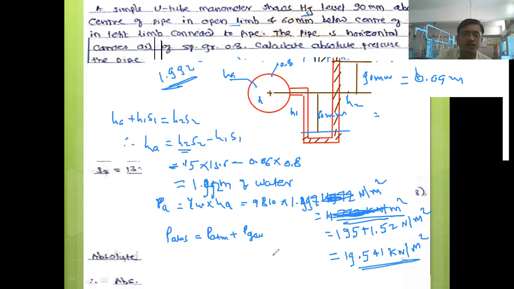Now this is the formula to find out the absolute pressure. So P absolute is equal to P atmospheric, that is 101.325 in kilonewton, plus this value.